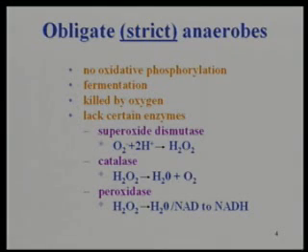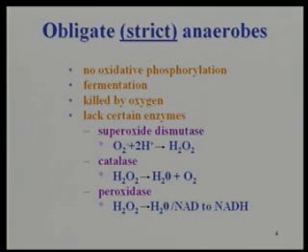Obligate strict anaerobes. We've discussed this earlier on when we talked about the Krebs cycle, so I'm not going to go through all that again. What I will say is that there's no oxidative phosphorylation, as we've already said, which is typical of an obligate anaerobe. We know that fermentation occurs. We know that they're killed by oxygen.